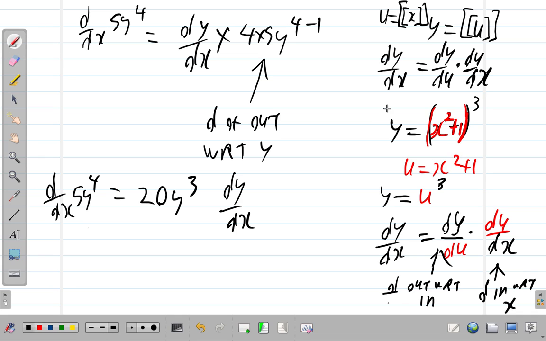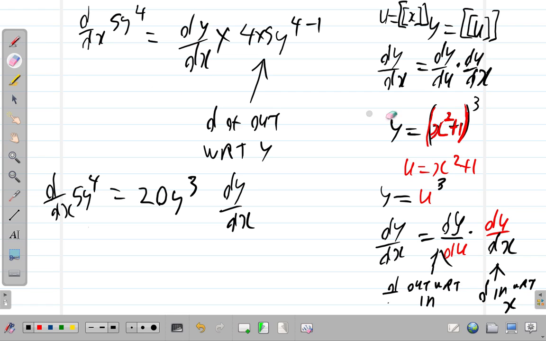Alright, so let's go over it again. Remember, when you have a function of a function, you have the inside function, in this case you call it u, and the outside function.